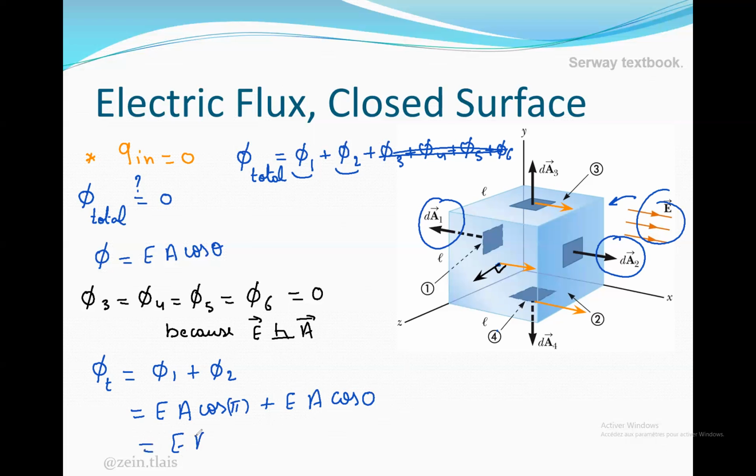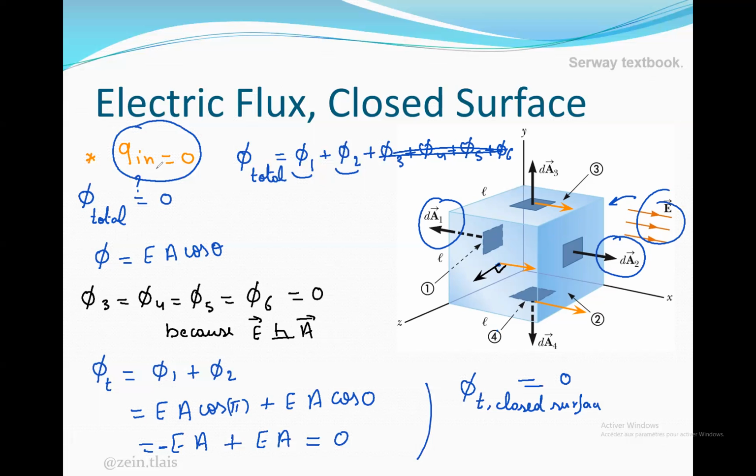So EA cosine pi equal minus EA, so minus EA plus EA equals 0. We can get the final result. The flux total of any closed surface must be equal to 0, on the condition that Qin is equal to 0.